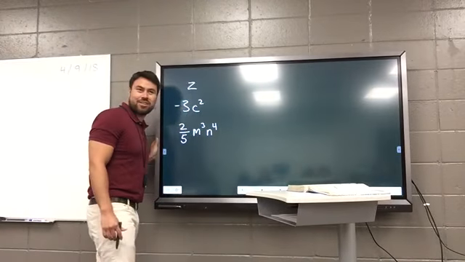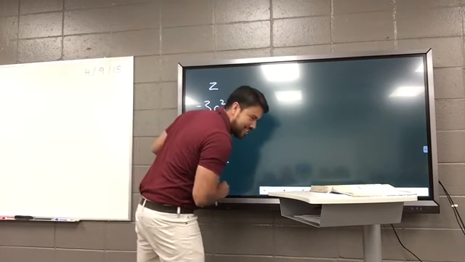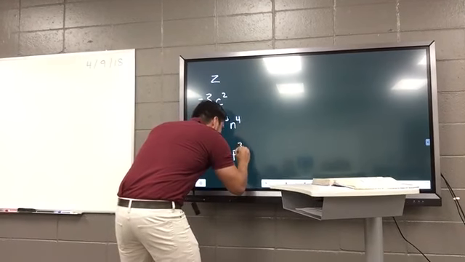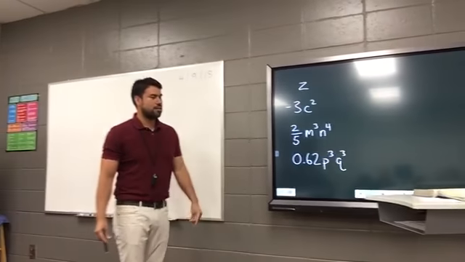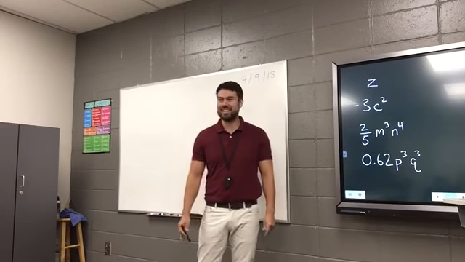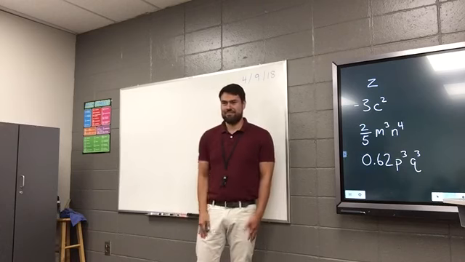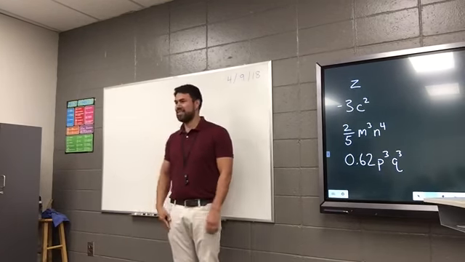You guys ready for this one? 0.62 p cubed q cubed. I know it's funny to say. You pick. Monomial or not?